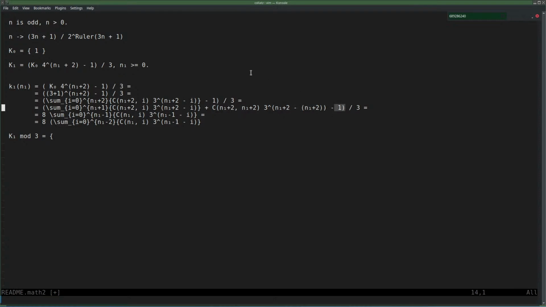So all of this drops out and then we get the sum, well, what we already had. The last two terms drop out, and then the divide by 3 means that we subtract 1 from this exponent.